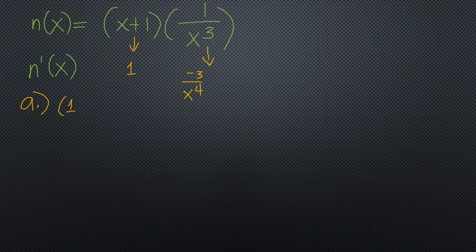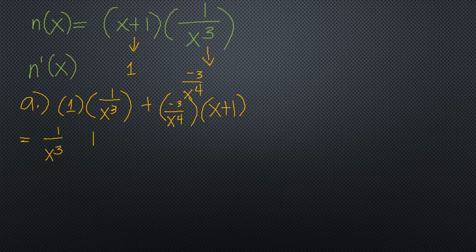So the derivative of the first factor is 1 times the second factor plus, so don't forget addition for product rule. The derivative of 1 over x cubed is negative 3 over x raised to 4 times the first term x plus 1. So we have 1 over x raised to 3. Now distribute negative 3 times x plus 1, so we have negative 3x minus 3 over x raised to 4.